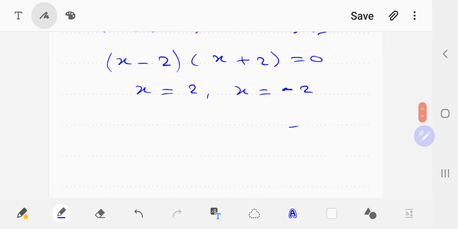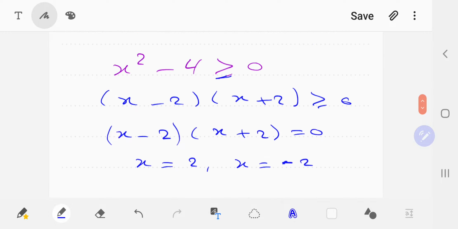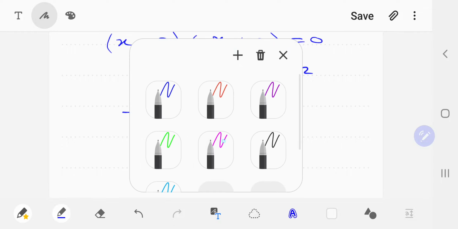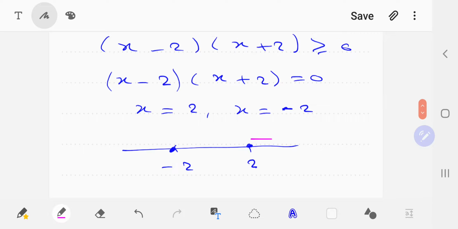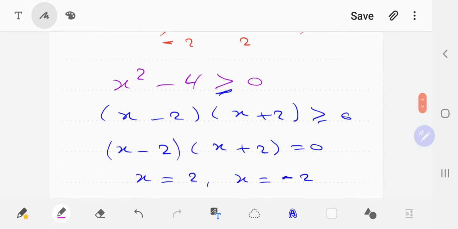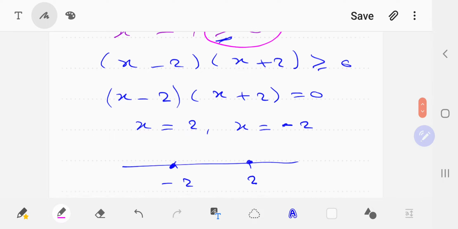Now, just plot these two roots on the number line. And since we have an equal sign, the 2 and negative 2 are included. Now, you need to check the sign of the expression, whether it's positive or negative. Since we are talking about greater than 0, we are looking for a positive interval.